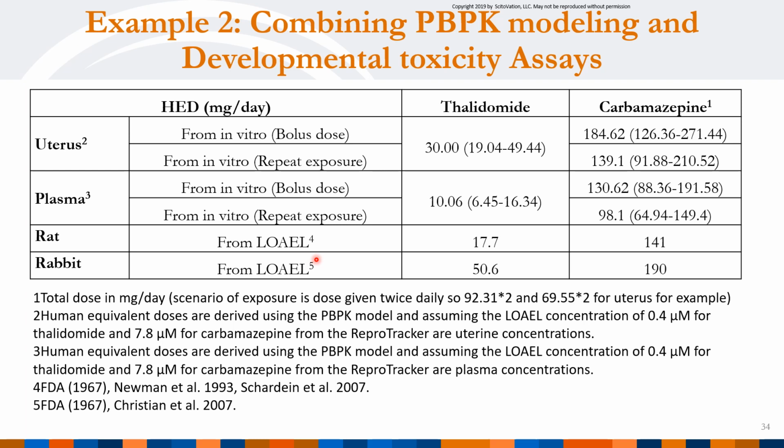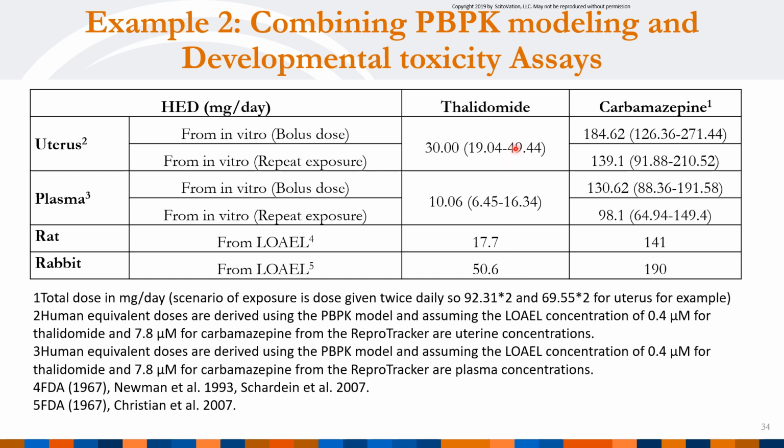by just applying some allometric scaling based on EPA guidelines. And then we compared the human equivalent dose derived from in vitro experiments from the ReproTracker in uterus or in plasma with the rat and rabbit human equivalent dose.